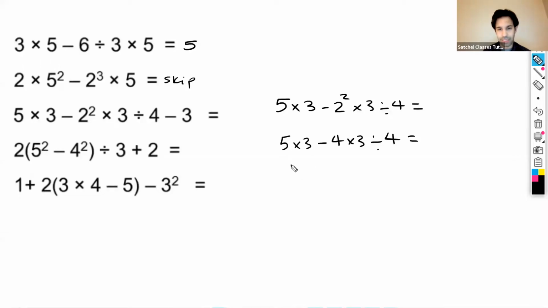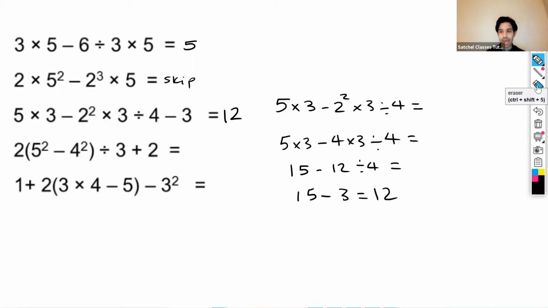So 5 times 3 is 15, minus 4 times 3 is 12, divided by 4 equals. So now we have subtraction and division. Division comes first. So 12 divided by 4 is 3. So 15 minus 3 gives us 12. So the answer to this problem is going to be 12. Now, moving on to the next problem.